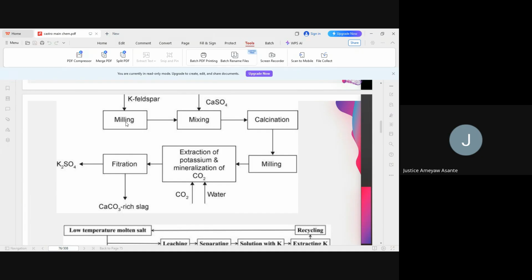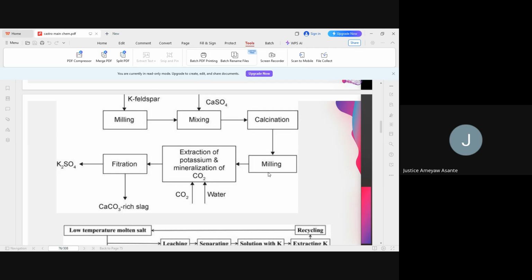So all these are other processes of the extraction. All I was describing is the simplest form, from when you have obtained it, because these minerals, these ores, are in rocks. So you take the rock, you mill it, then you mix it with calcium sulfate, which we call calcination.